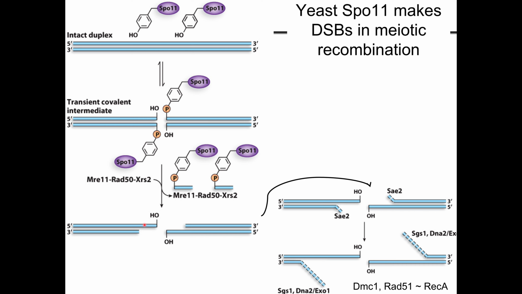And then this small 3' overhang with the 3' hydroxyl is further processed by exonucleases called SAE2, and then helicases and exonucleases called SGS1, DNA2, and/or exonuclease 1. And these guys, including DMC1 and RAD51, which are analogous to RecA, now come in and bind to our 3' single-stranded overhang, which can invade and form a displacement loop, and double-stranded break repair can go on, as we discussed earlier.